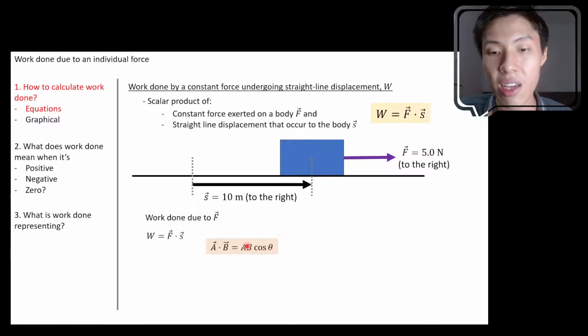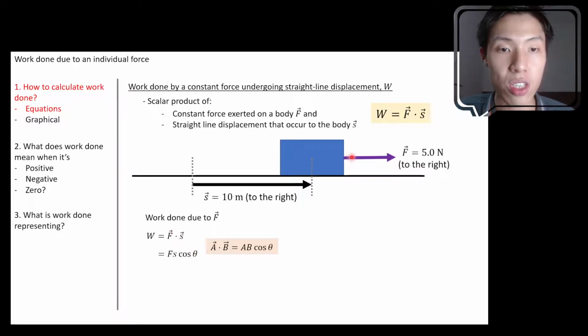This A here will be the magnitude of vector A, this B here will be the magnitude of vector B, and this theta will be the angle between vector A and vector B. If we use it on this work done situation, this will be equivalent to Fs cos theta, where F is the magnitude of the vector F, S is the magnitude of the displacement S, and theta will be the angle between vector F and vector S.